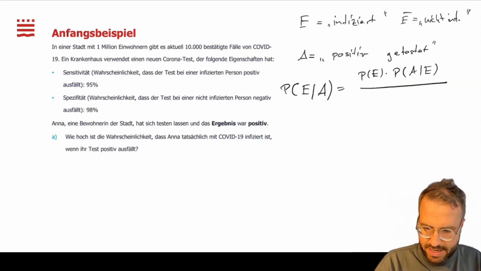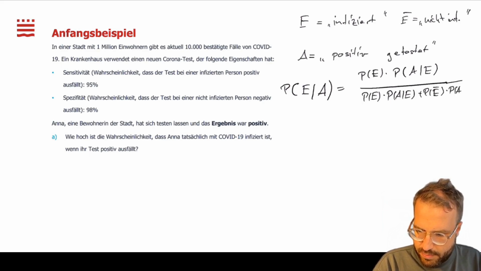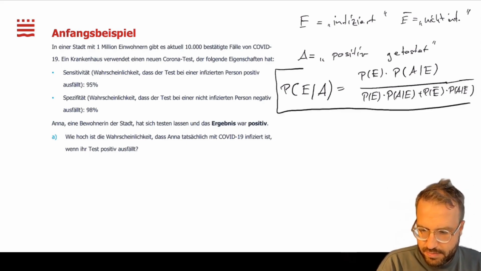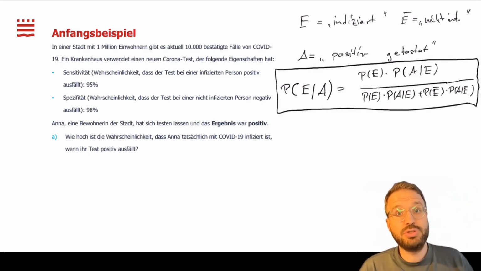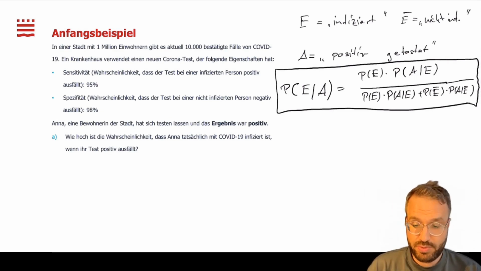That is P of E times P of A given E plus P of not E times P of A given not E, which is the probability of the event. Here is just the formula of Bayes that we have written down once again. And now we are interested in which of these terms we know based on the text problem.